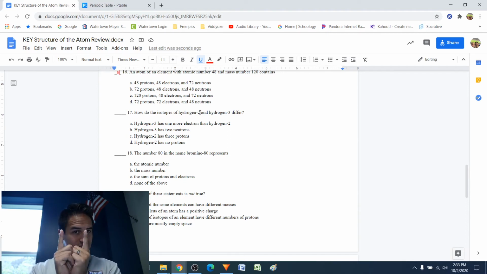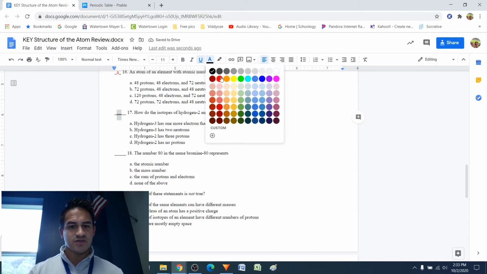That's how we get to 2. Hydrogen 3 has 1 proton, but it has 2 neutrons. That's how we get to 3. So the difference between the two is that hydrogen 3 has 2 neutrons, while hydrogen 2 only has 1 neutron. So the best choice here is going to be letter B. Hydrogen 3 has 2 neutrons.